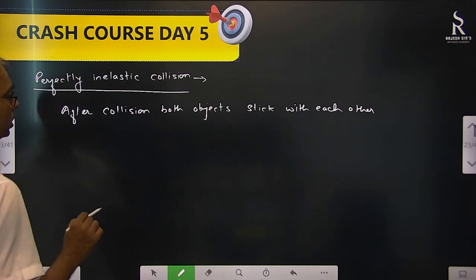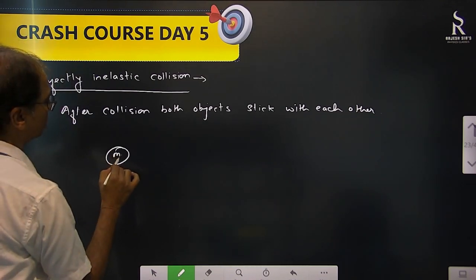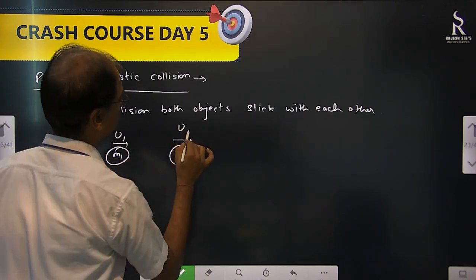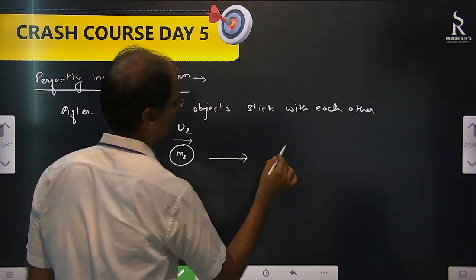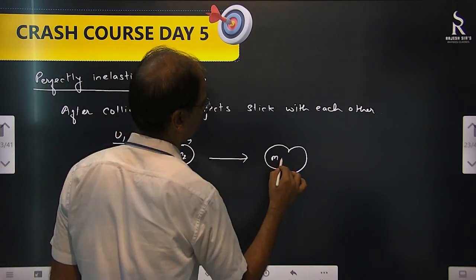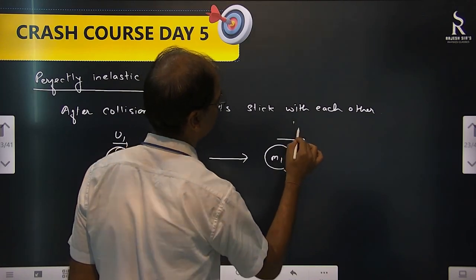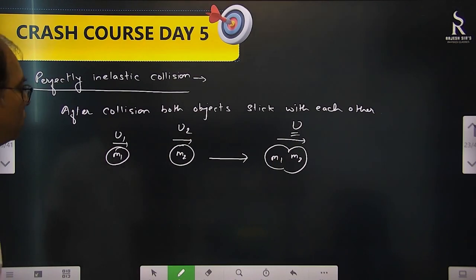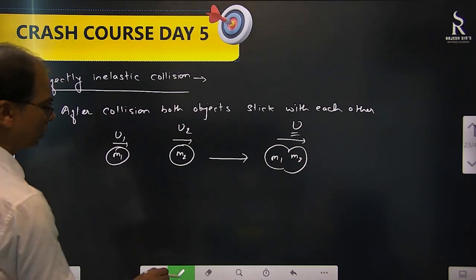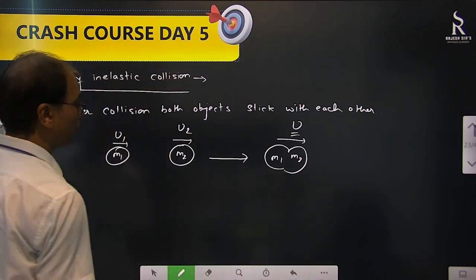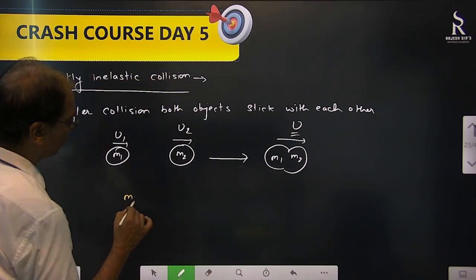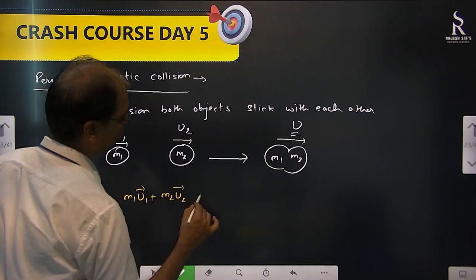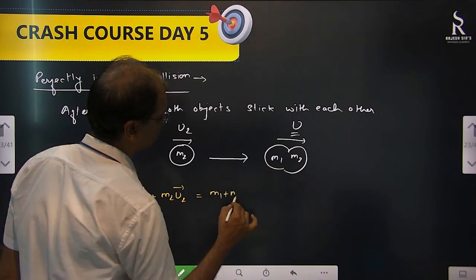Alright. So in this case, if this is m1 with speed u1, and here is m2 with speed u2, after collision this is what happens: m1 and m2 together will have speed u. Momentum is conserved here, no doubt about that. So the initial momentum is m1 u1 plus m2 u2, and the final momentum is (m1 plus m2) into u.